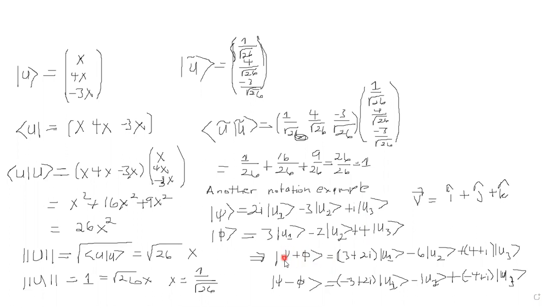So when you put two kets together, two states together, this is what they're talking about here. You have the same basis kets U1, U2, U3, but you're just adding the number in front of each ket, and you get an answer. It's the same thing with the subtraction. So you see the difference in the addition.